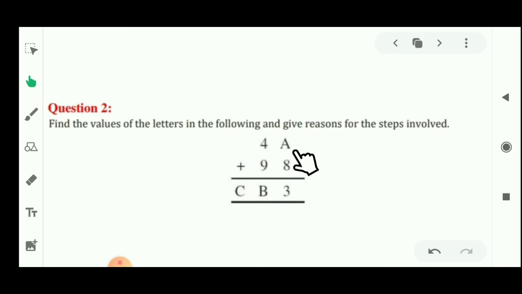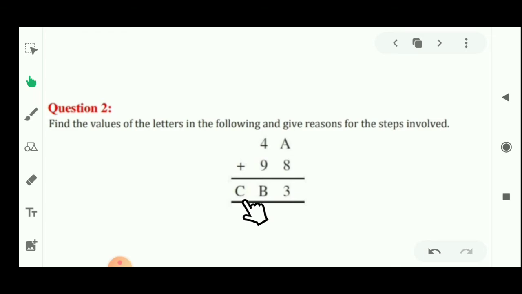If we put 3 here, 3 plus 8, that means 11, but here is 3, so we can't put 3. Similarly, if we put 5, 5 plus 8, that means 13, so we can put 5 here, so A's value is 5. 5 plus 8 means 13, so carry is 1. 1 plus 4 is 5, and 9 plus 5, that means 14, so here is the value 4 and 1 should be in the carry, so C's value is 1.